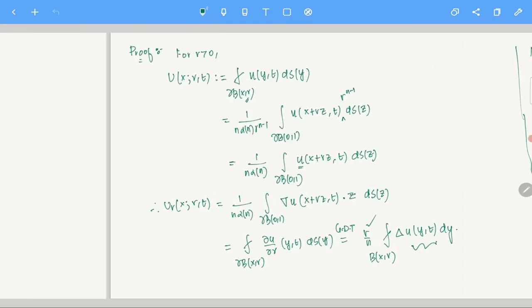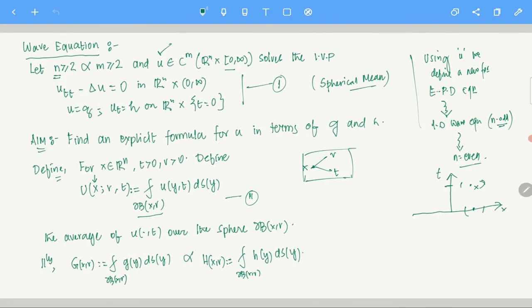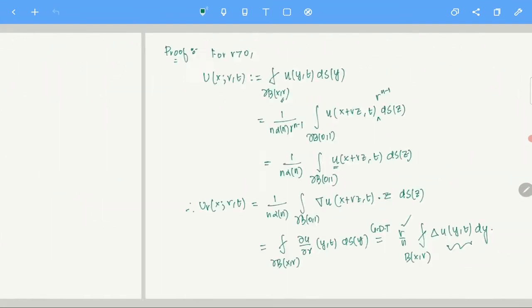I don't want to write it all the time. Let's say this is star. So 1 and star. These capital U, capital G and capital H are defined like this. Let's just assume that.